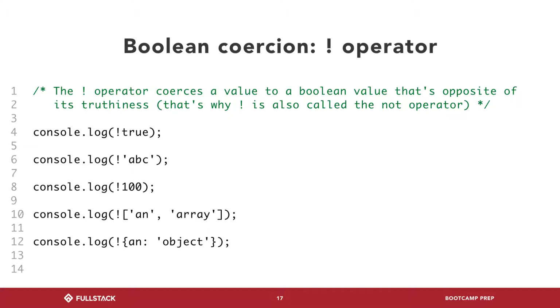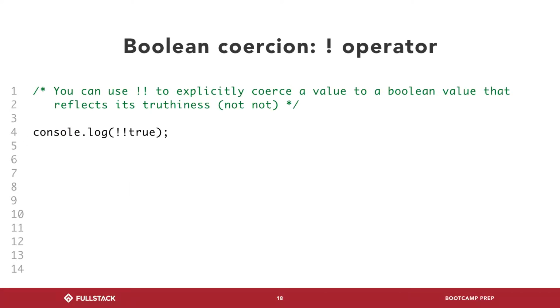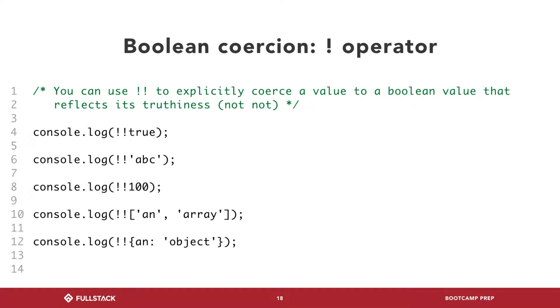And so we go through all these things. Basically, bang in front of anything truthy gives you a false, and bang in front of anything falsy gives you true. The other thing, more of a shorthand than anything else, is that you might also see two exclamation marks, two bangs in a row, or a double bang. So you read line 4 as double bang true, double bang ABC, and what that does is it's basically a shorthand to convert whatever it is you have into a Boolean value, right?